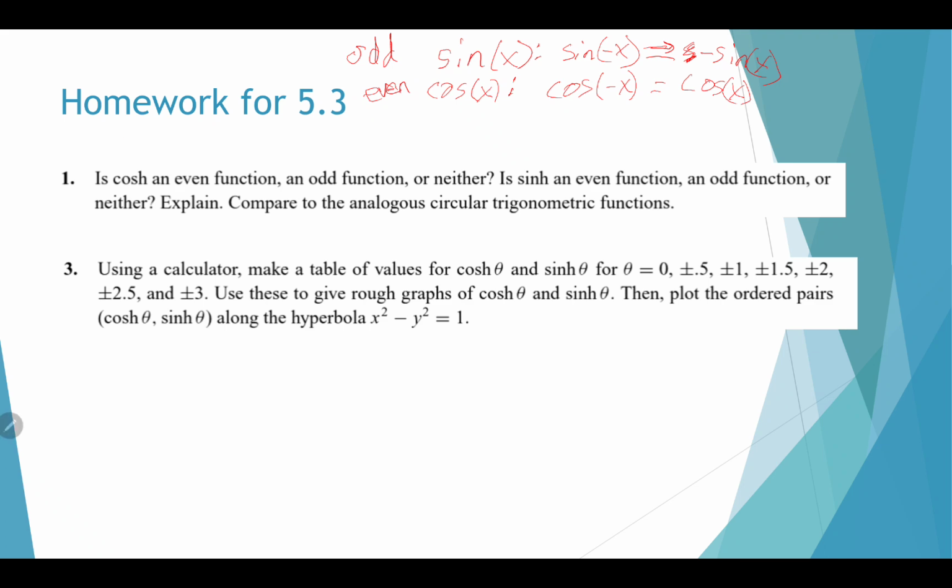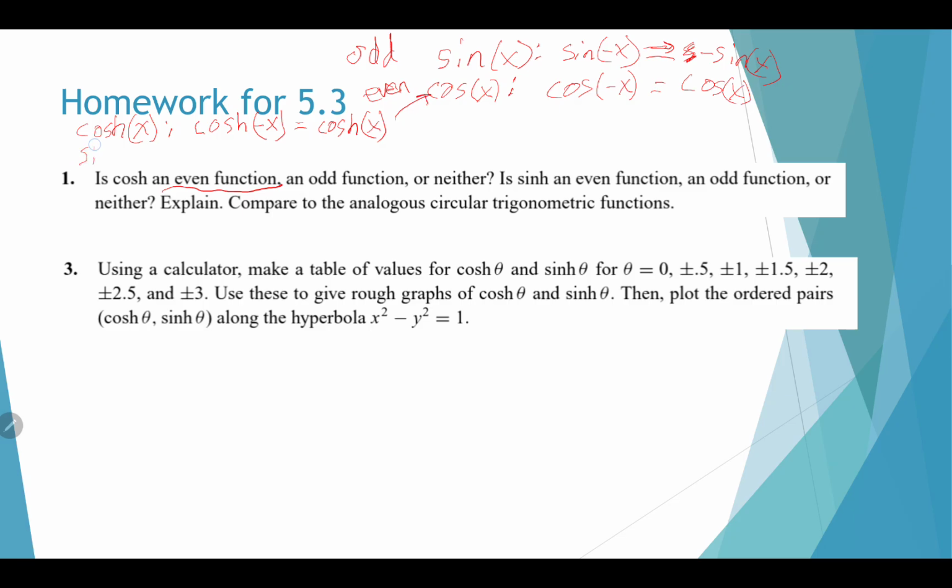I think the first one they do is cosh of x. I'm going to compare that function. So what is cosh of negative x? Well, cosh of negative x is the same as cosh of x. So then that's an even function, which makes sense because we just saw that cosine is an even function.